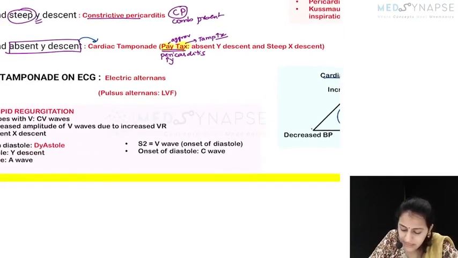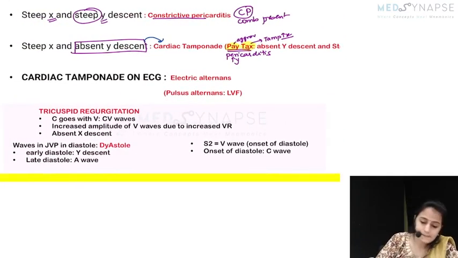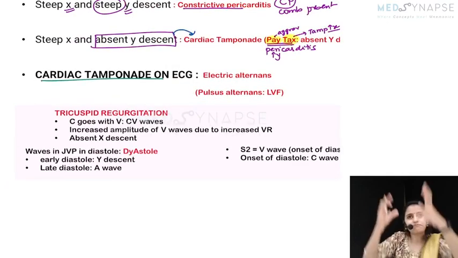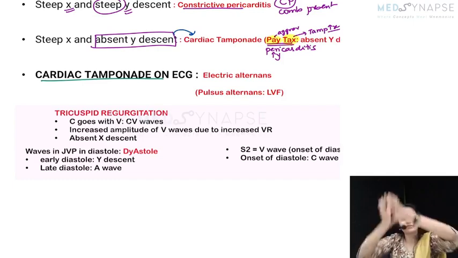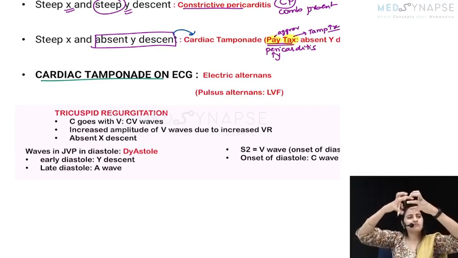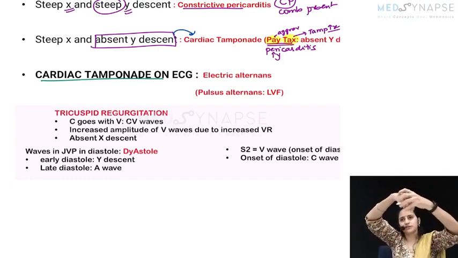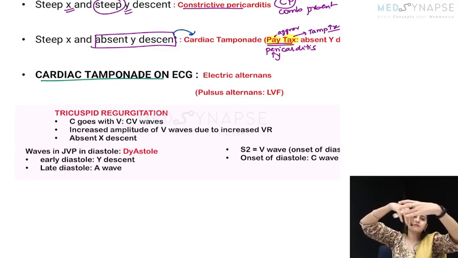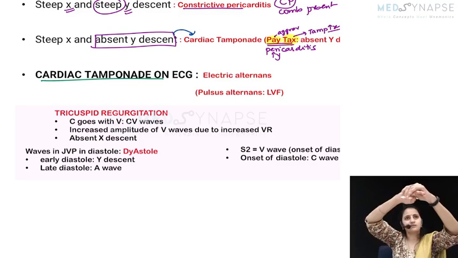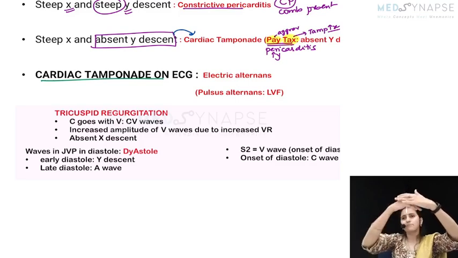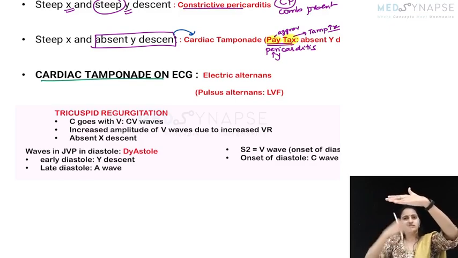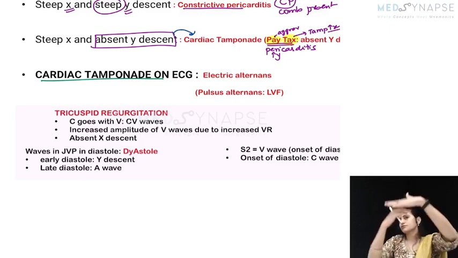What do you see in the ECG in cardiac tamponade? Cardiac tamponade means the heart floating in fluid and blood around. Right? So imagine that this is the heart floating in the fluid. When you take an ECG, sometimes the heart floats forward, sometimes it goes backward, so the amplitude you get in the ECG can sometimes be more, sometimes less, because it depends on the distance between the electrodes and the heart.